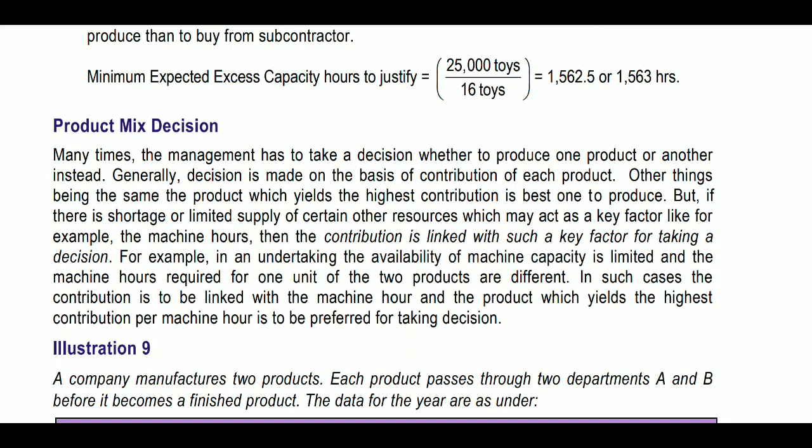Based on the time required to produce, how should we bifurcate, and which is the preferred one to manufacture? For example, they provided one illustration, illustration 9.